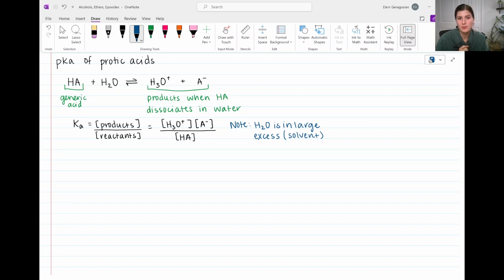The amount of water really wouldn't change any noticeable amount when we've added an acid to a solution with a lot of water. But also we're measuring concentration of each element relative to how much total liquid is there. Water is most of that liquid. So there's just a lot of water there, so we keep it out of the equation.